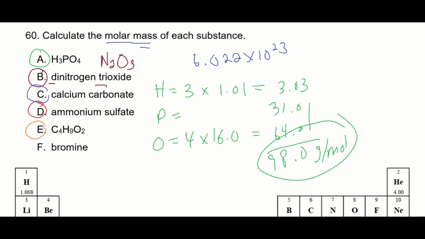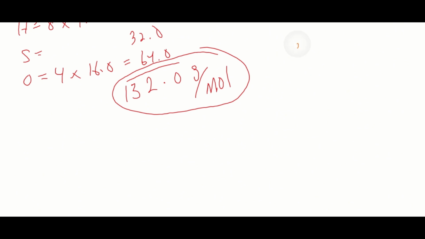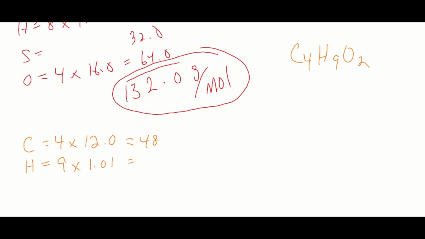All right, C4H9O2. All right, so for the carbon component, there's 4 of them. Carbon has a molar mass of 12.0. That's going to be 48. Hydrogen, there's 9 of them. 1.01 is the molar mass for hydrogen. That's going to give us 9.09. And oxygen, 16.0.